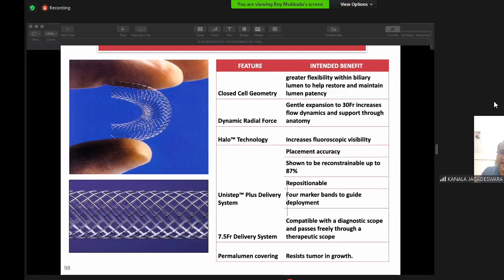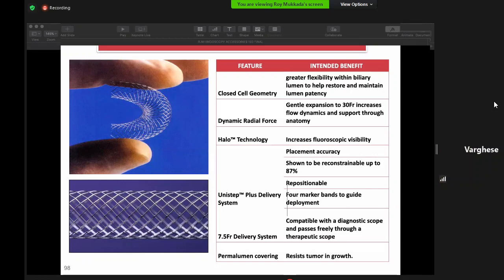In malignancy, can you make it clear? Uncovered, there is less chance of migration. That we agree. So what is the advantage of covered? Why can't you use uncovered for the same purpose? Why do you want a cover for the stent?